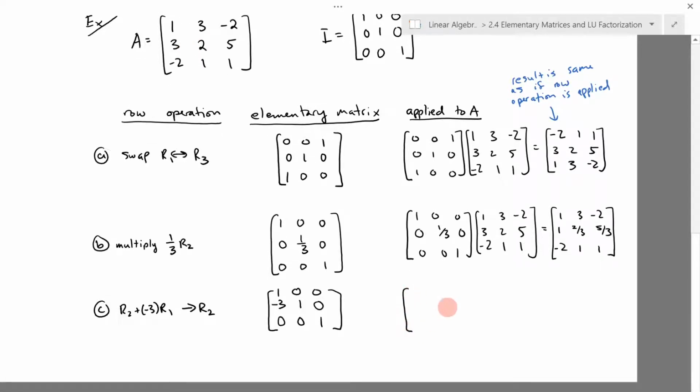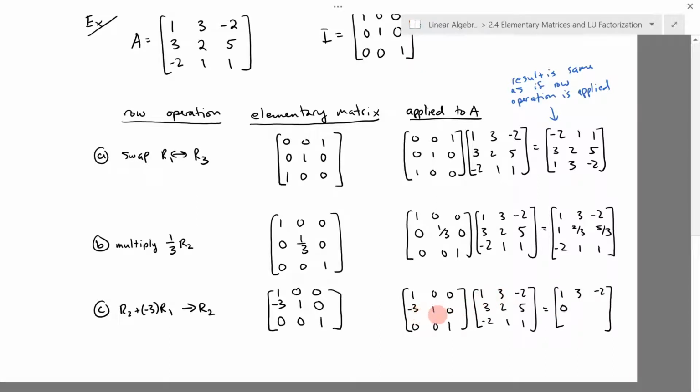And then finally, we see that's also the case in the last example. This row times this matrix will pick out the first row. Now this row times this matrix, it's -3 plus 3 is 0.